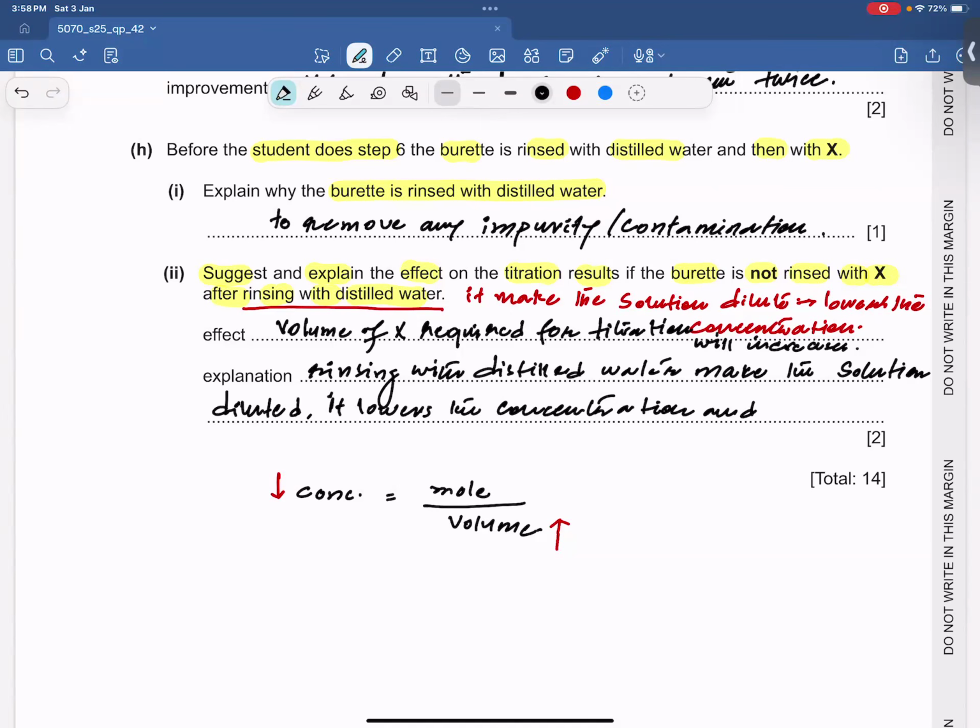And more volume of X is needed for titration. Okay.